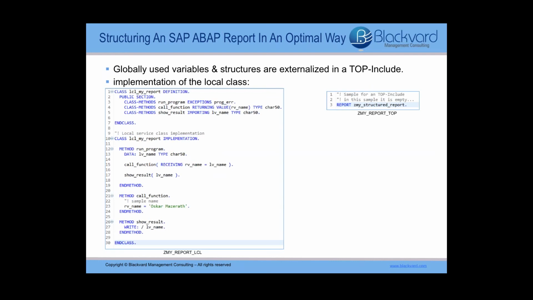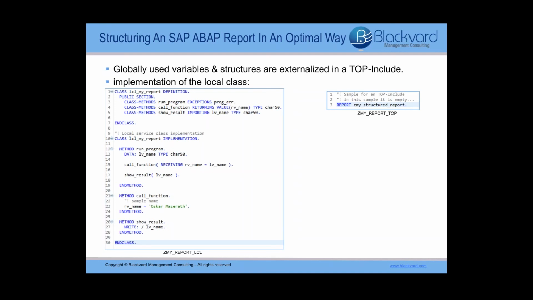On the right side you see this sample top include, but in this sample it's very easy. You do not have to include everything in there because we do not need that much for our sample report. So the top include in this case is only 1 single line. On the right side we have 3 lines because 2 lines are comments. On the left side you see the implementation and the definition of the local class.